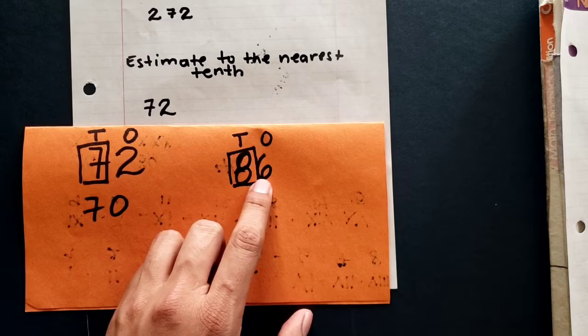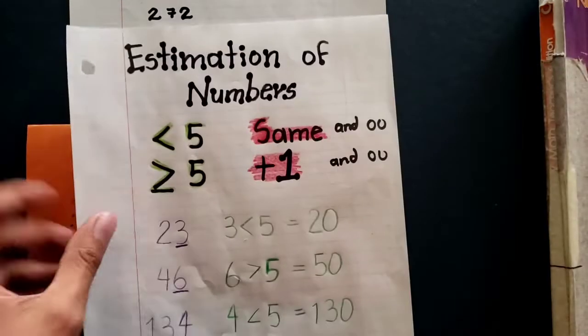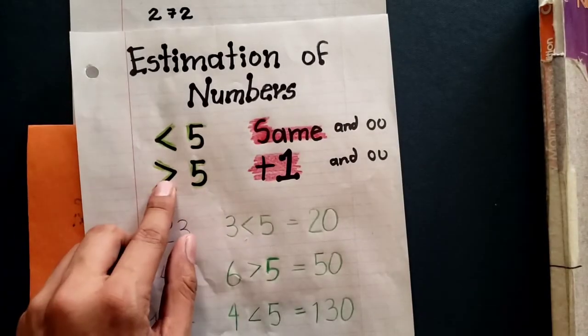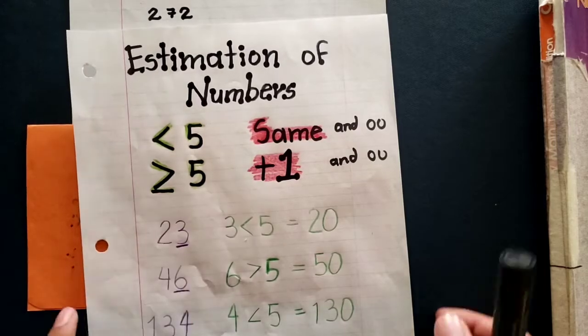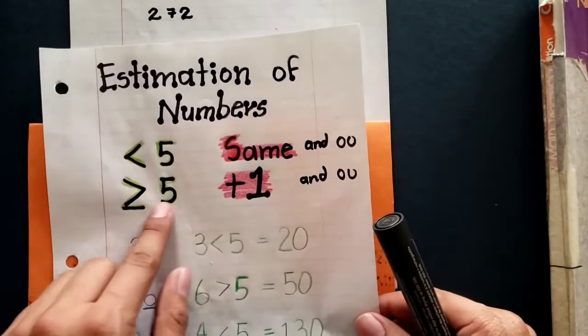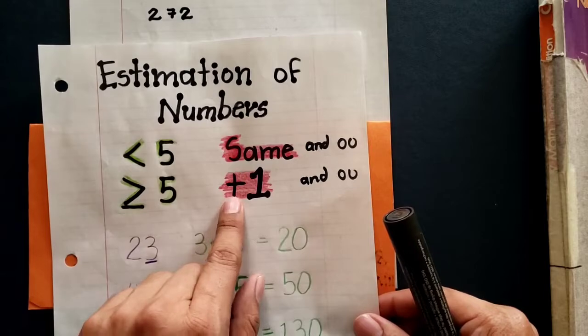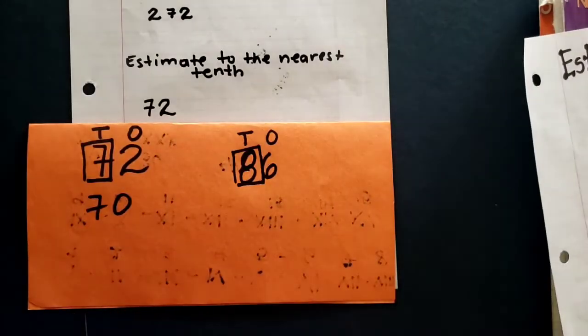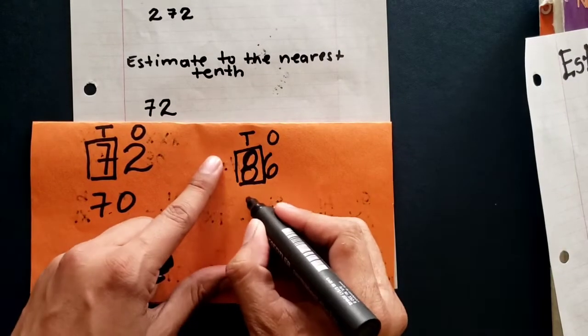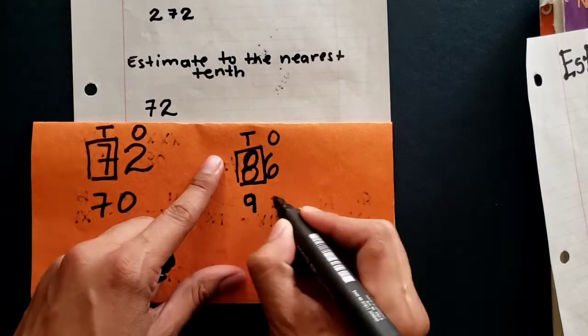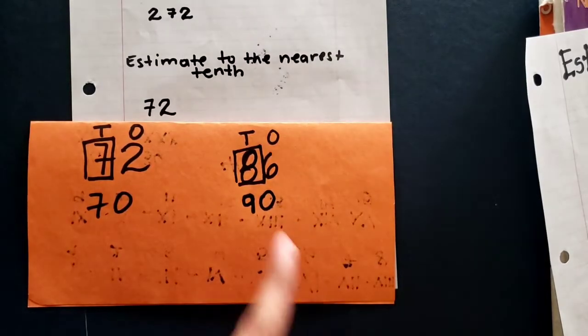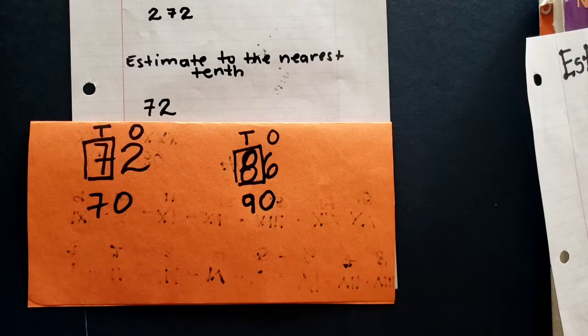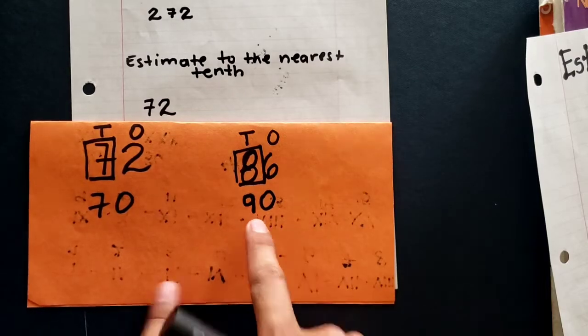Which is the next number? 6. Is 6 lower than 5 or greater than or equal to 5? Oh, 6 is greater than 5, Mr. Galvez. So add 1 and put zeros. 8 plus 1 is 9, and put 0. 86 estimated to the nearest tenth is 90.